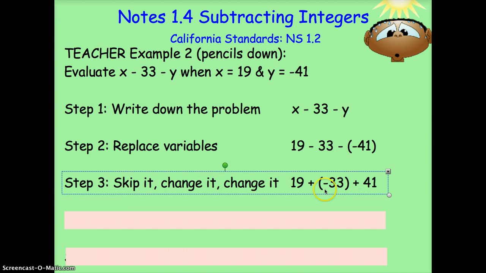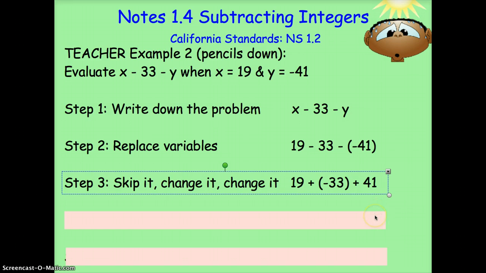Students tend to try to change the 33 back into a positive. Once you've changed it, you have to leave it alone. Also, remember, you can never start skip on an operation. Skip always starts with the first number. Okay, so that's a little tough. Skip, change, change, skip, change, change.